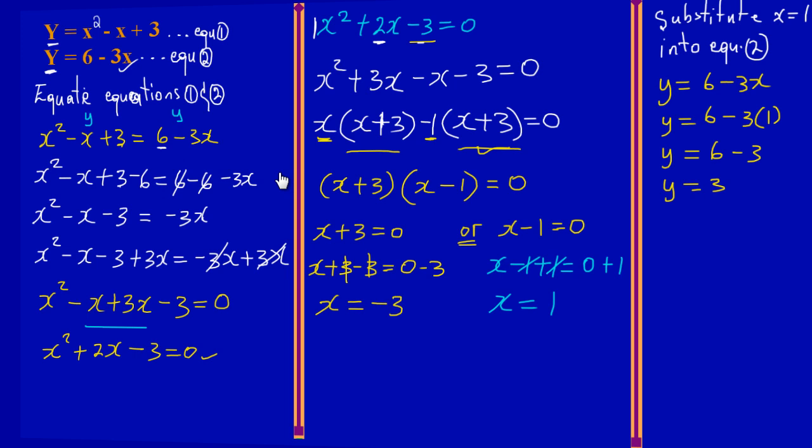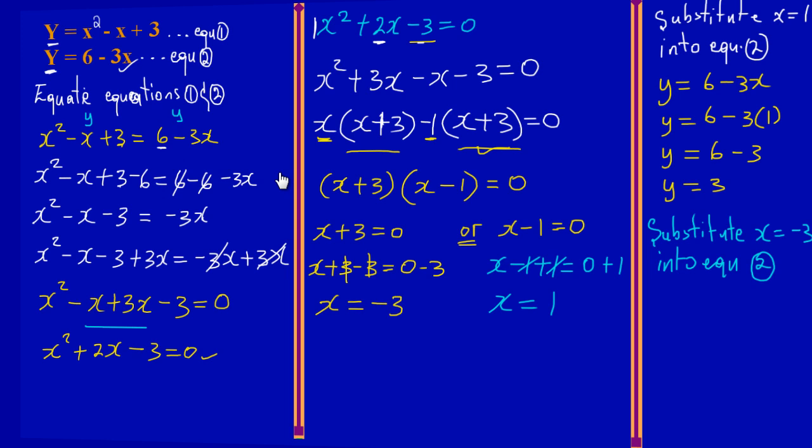Now for my second value for x, I must substitute x is equal to negative 3 into equation 2 again.